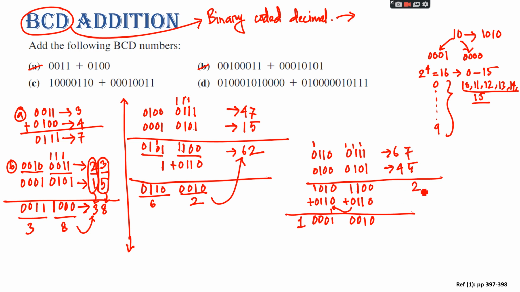So what should be your outcome? 112, 1 here, 1 and 2. 112, right? Yes, sir. If you add 3 zeros in front to make a 4-bit binary, it gives you 1, also gives you 1, and this gives you 2, which is this result, right? Yes, sir.